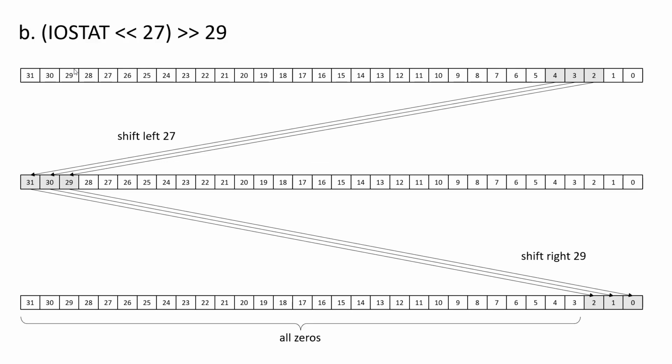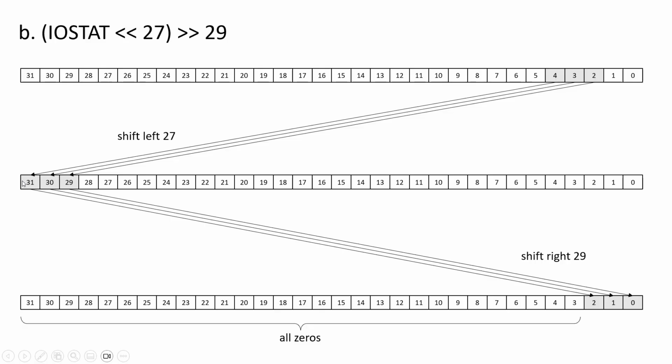Okay, all right, and then there was another one here. This one was kind of crazy. So option B was where you took iostat and shifted it 27 bits to the left. What does that do? This one is kind of confusing. We want bits 4 down to 2. If you shift 27 bits to the left, you end up adding 4 to 27, meaning that the original bit position 4 is going to be in bit position 31 after that shift.